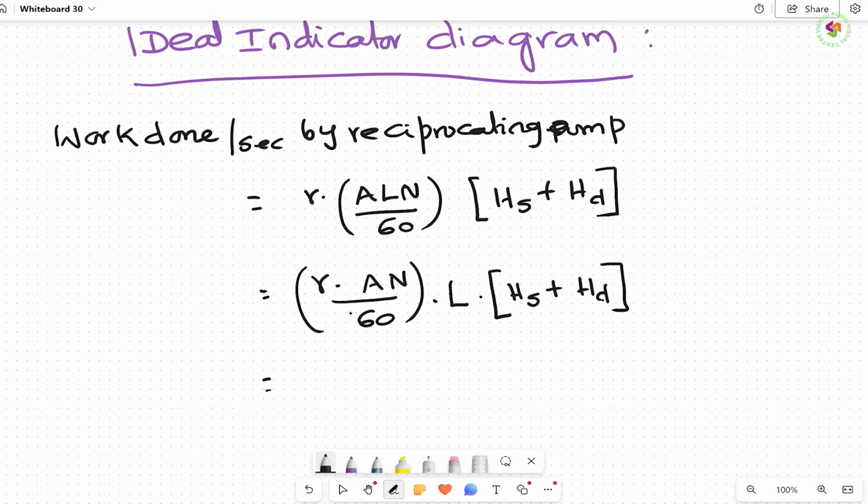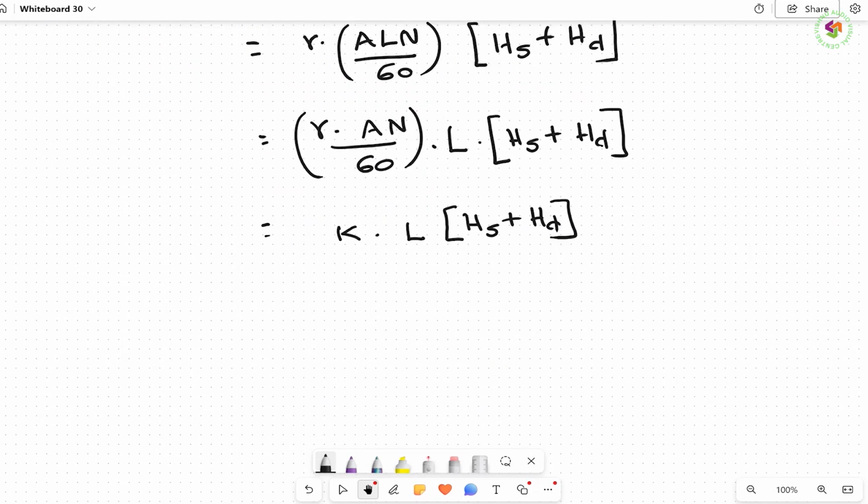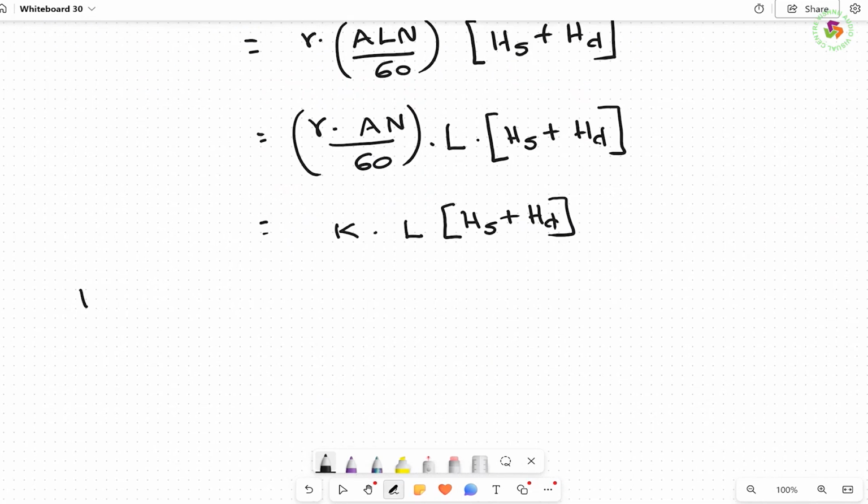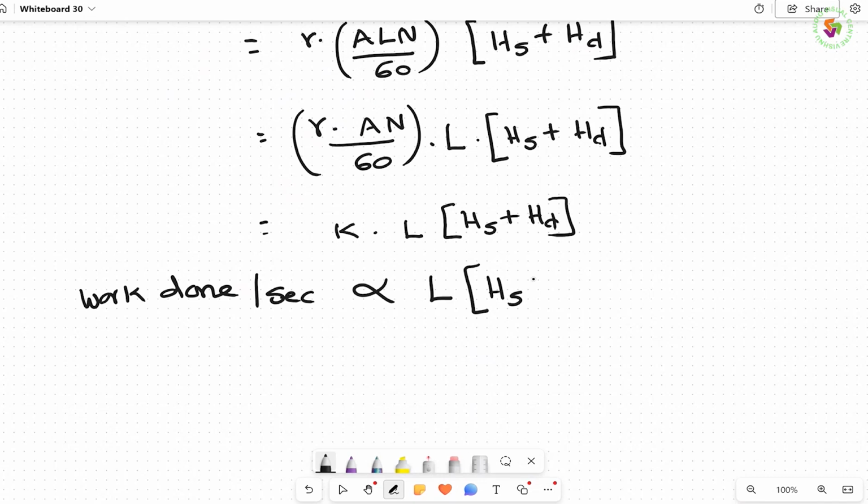If you see it, gamma is a constant, the area of the cylinder is constant, N the speed is constant. All of this is constant. I am writing it as K into L into HS plus HD. Then the work done per second is proportional to L into HS plus HD.